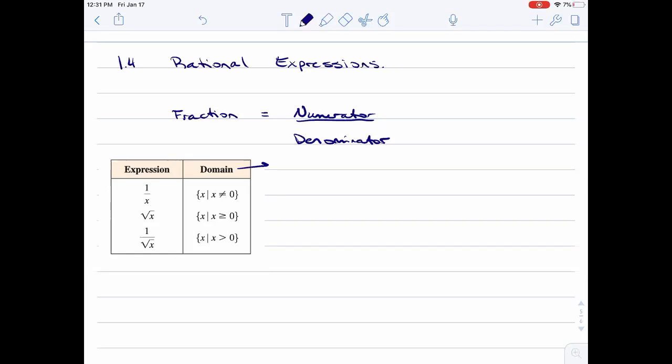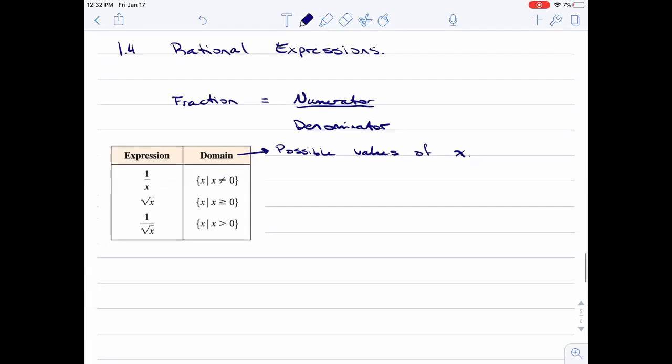The domain is the possible values of x. The rule for the domain is that we can't divide by 0. Any x that makes you divide by 0 is out of the domain.